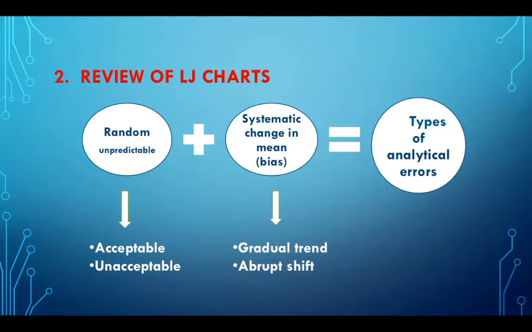Sometimes what happens, suppose we are getting results near the mean, and suppose we have reconstituted a control material today, and then we are running, we are now getting some different value than the previous value.